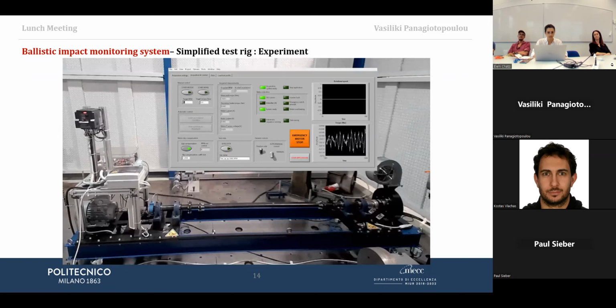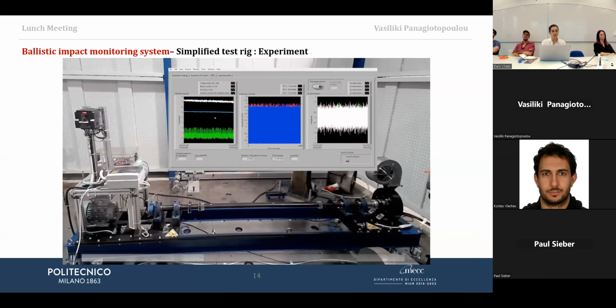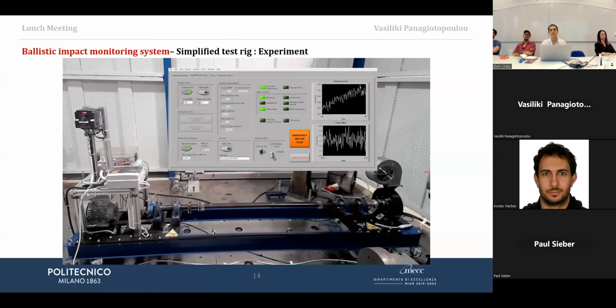We set the target RPM that we want to achieve, in that case 3,300 RPM. You can see the curve on the bottom and some readings like the current from the inverter, the voltage, and some other readings for control purposes.